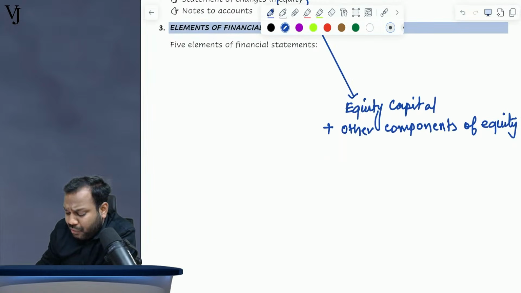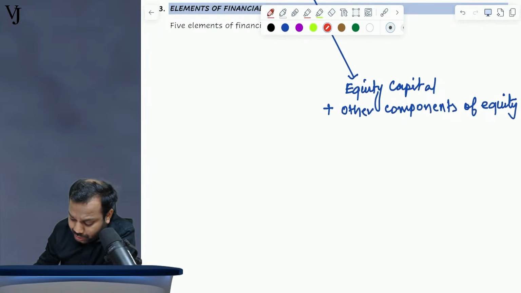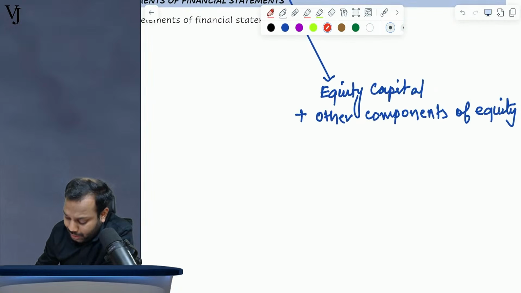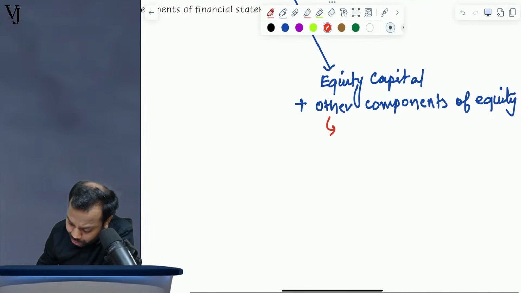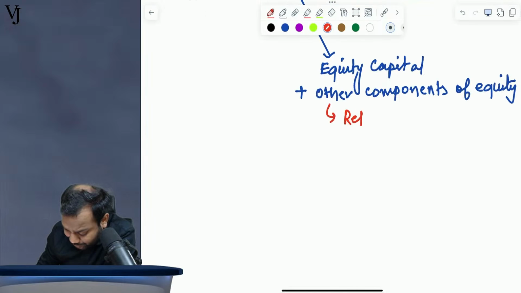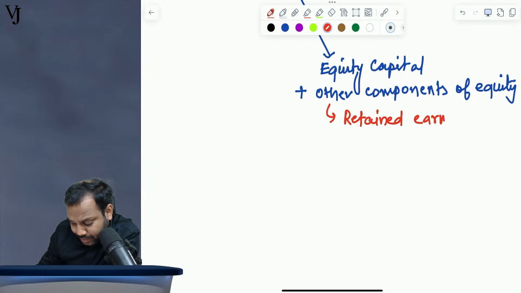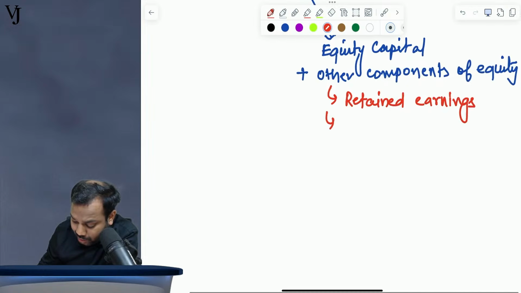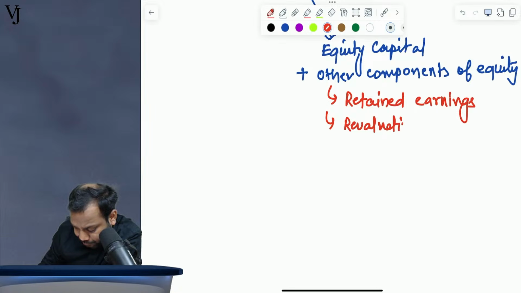But what is the meaning of other components of equity? The other components of equity have retained earnings. It can have revaluation reserve. It can have any other general reserve.